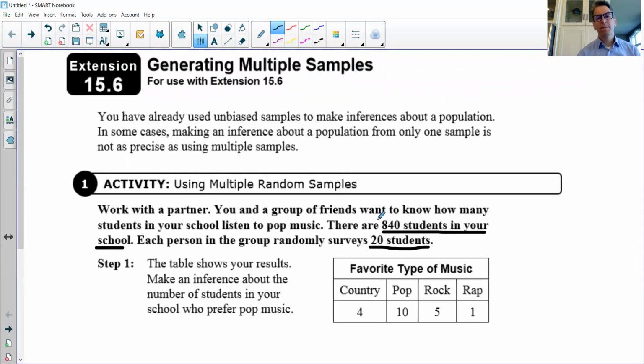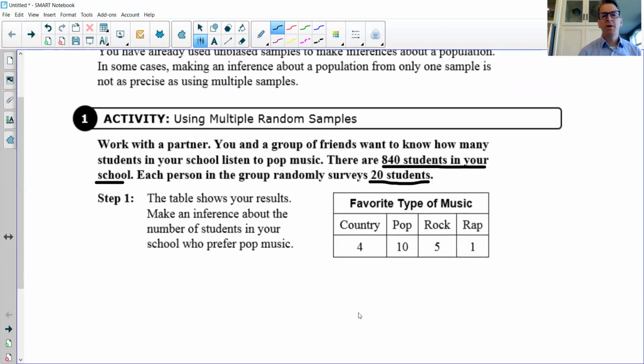All right, step 1. We surveyed 20 students. So if you look at 4 plus 10 is 14, plus 5 and 1 is 20. So adding these all together is 20. We're looking to see how many students, based upon 840, would prefer pop music, so we can use a proportion to help us with this. 10 out of the 20 surveyed like pop music, and we're looking for X number of students out of 840 students total. 10 over 20 is equal to X over 840.